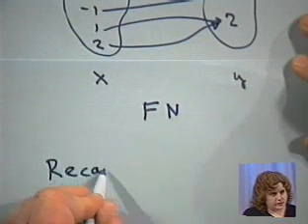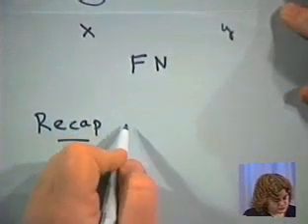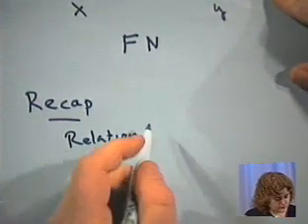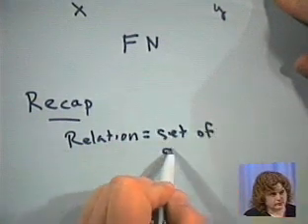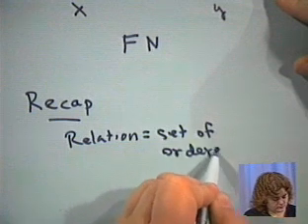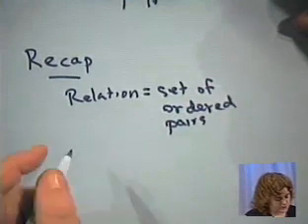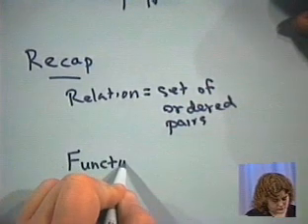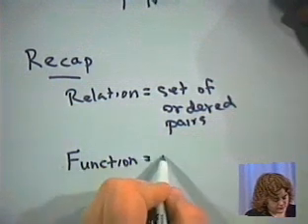By way of a recap, a relation is simply a set of ordered pairs. And a function is just a special kind of relation where each x goes to only one y.